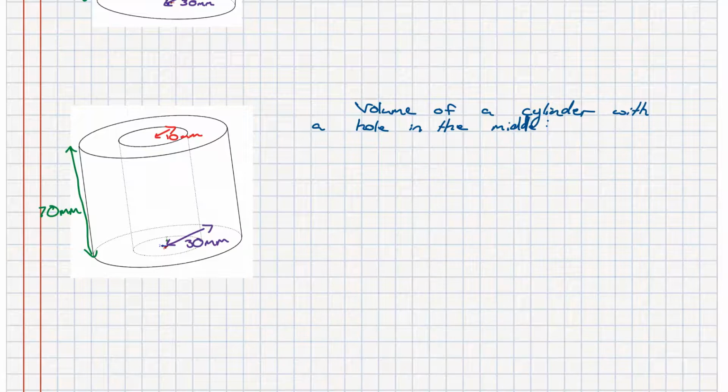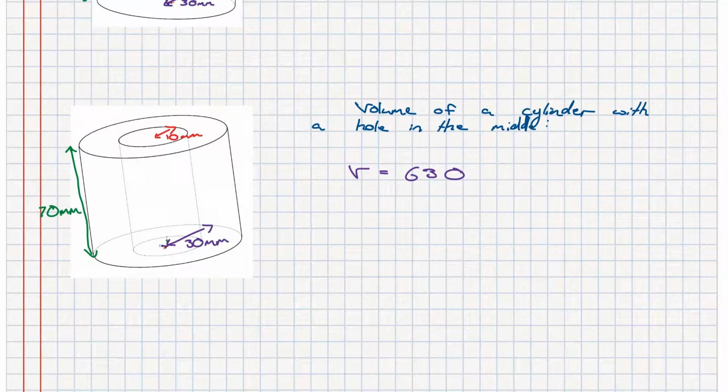So if we go for a shortcut, then our volume is going to be 63,000 pi, take away pi times 10 squared times 70. But that's a little bit long-winded.